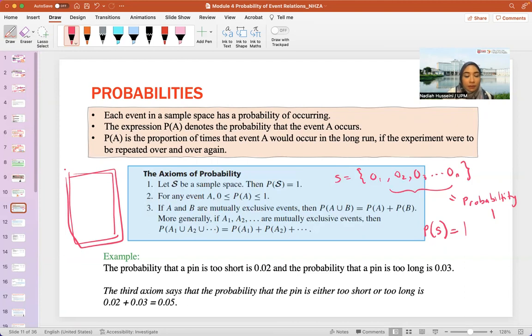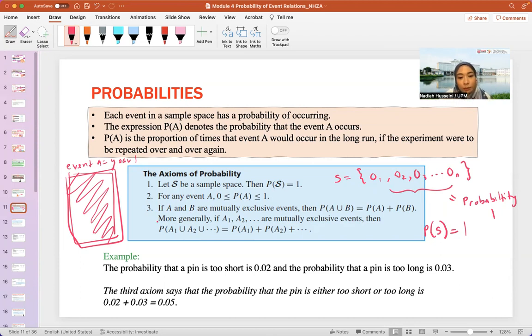Sometimes the event says all of the students are in year 1. So event A is year 1, right? So all of the students in this population satisfy event A, therefore the probability is 1.